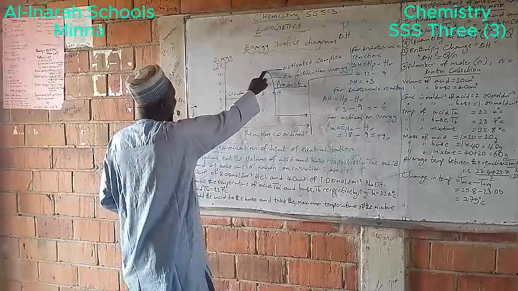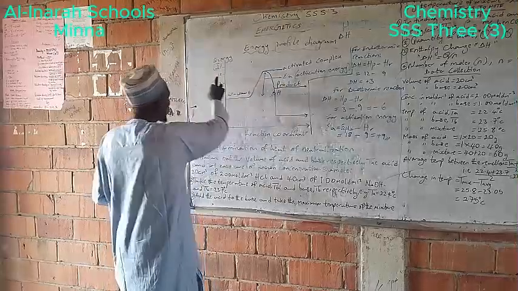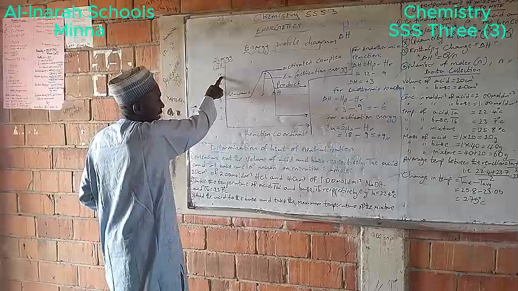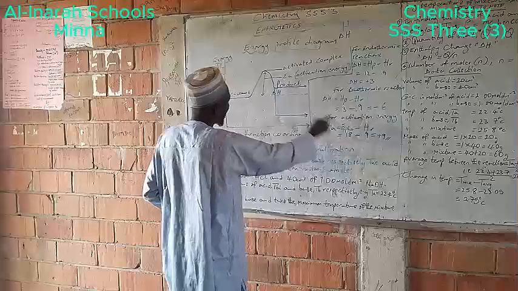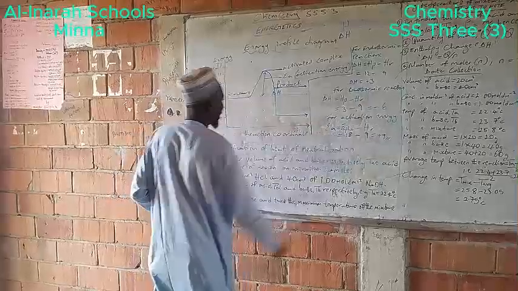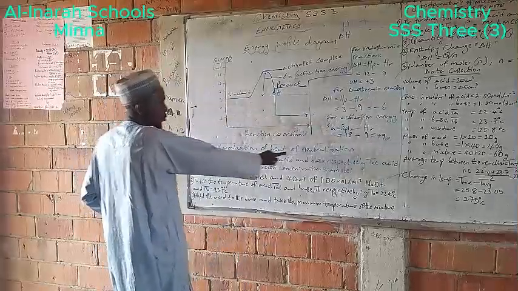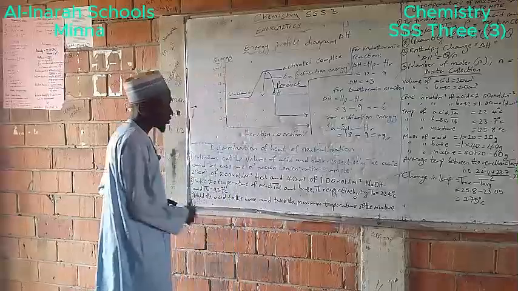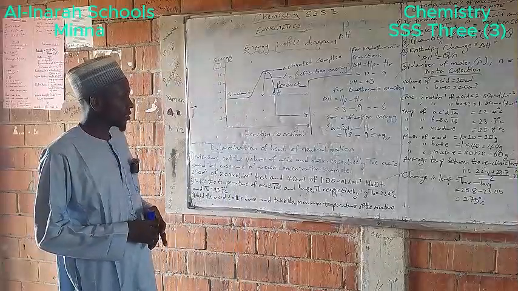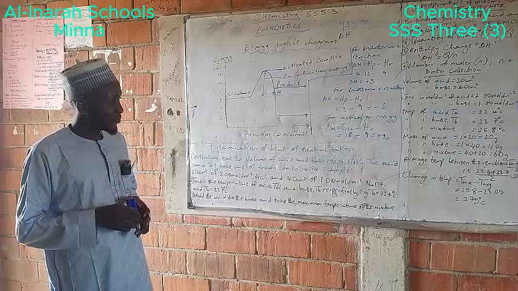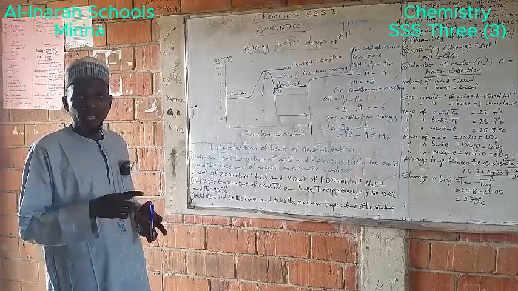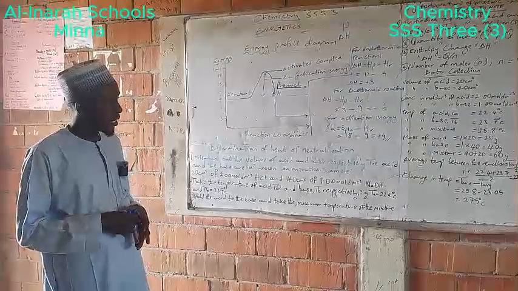If you look at the peak of the reaction here, it is at point 18. The energy is 18. So you have 18 minus heat of reactant, which is here. 18 minus 9 is going to give you plus 9. So this is how to determine endothermic, exothermic, and activation energy.